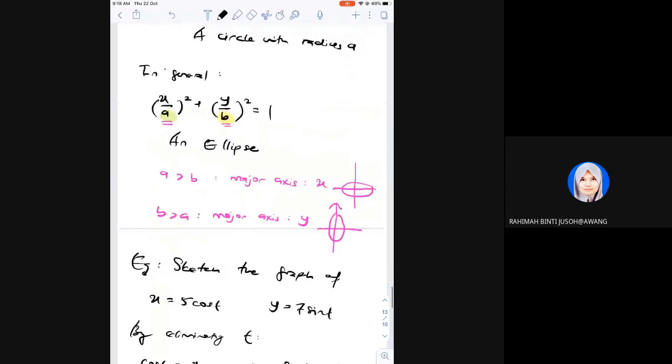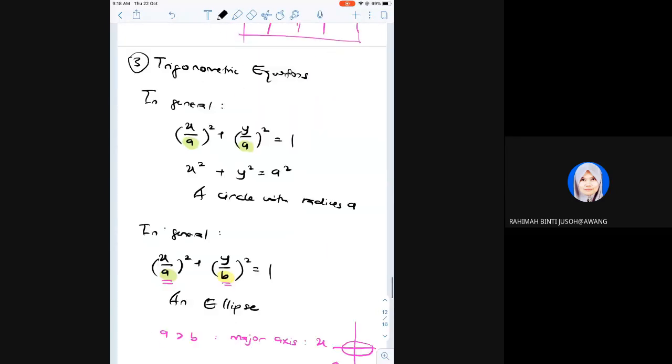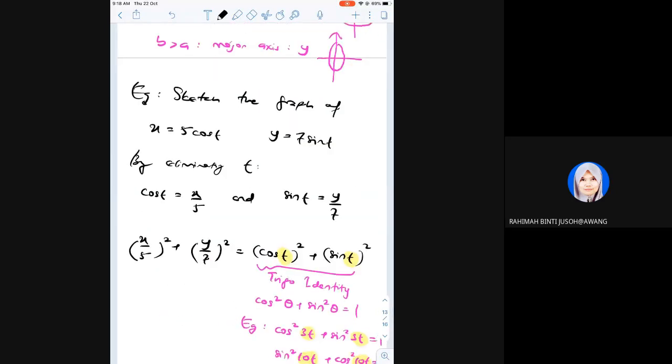Okay, I'll give you tips. If you are using plotting, you can see the orientation directly from the table. However, if you are using eliminating t, the tip is like this. You look here, x equals cos.